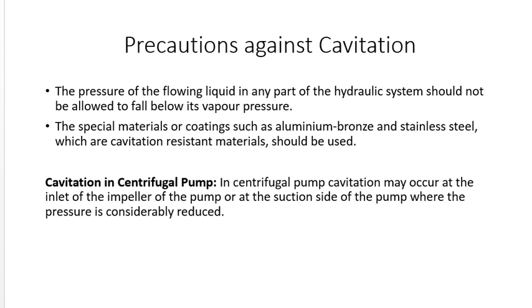Now, what is cavitation in a centrifugal pump and where does it occur? In a centrifugal pump, cavitation may occur at the inlet of the impeller of the pump, because at the inlet of the impeller the pressure is very low, or at the suction side of the pump.